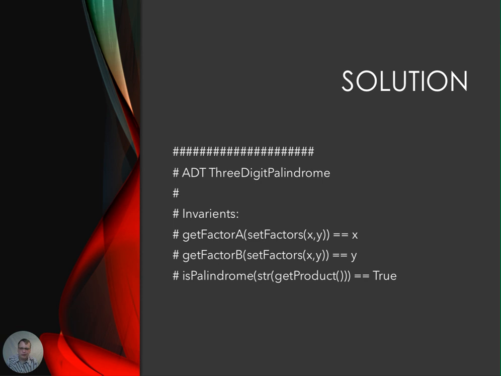If it is not, then clearly something has gone wrong. We also want to enforce the fact that the two main functions, get factor for A and get factor for B, should store the values which have been set. Okay, and that's what the other two invariants enforce. So the stored values are those which were set, and once stored, those values are always a palindrome.